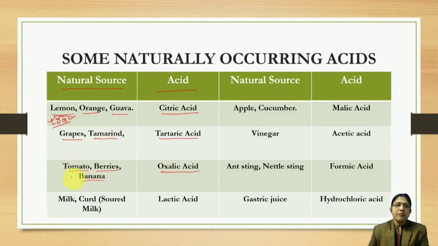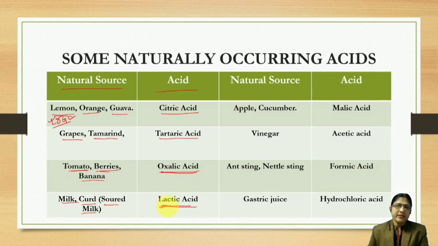You can make your own shortcut trick also if you can't remember, but if these are very common to you, you can remember them easily. Tomato, berries, banana contain oxalic acid. Then milk and curd, which is soured milk, contain lactic acid. You can remember it, as infants take Lactogen. This lactic acid also accumulates when we feel muscle pain.